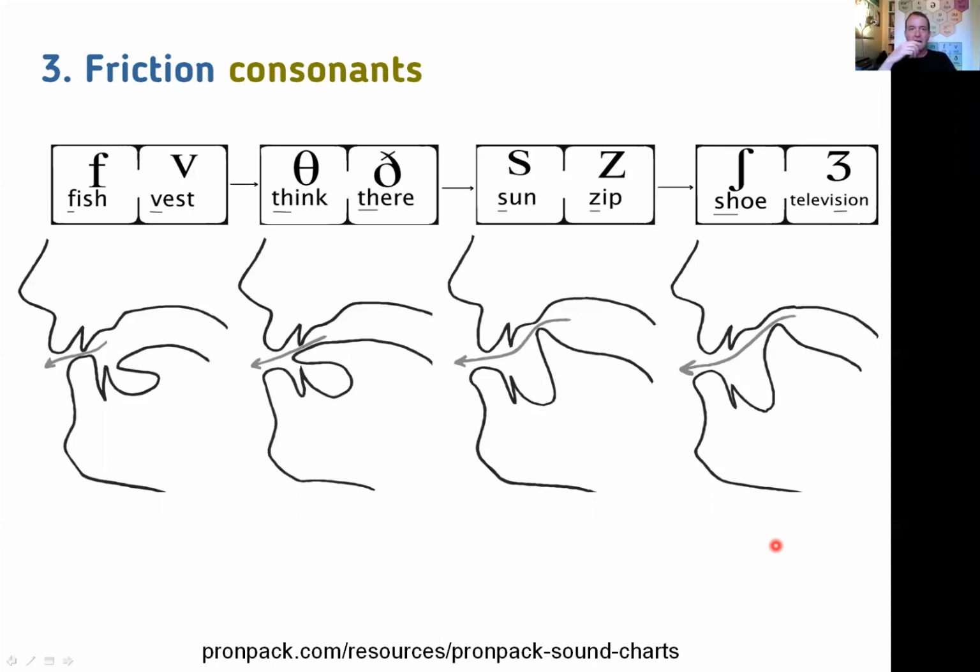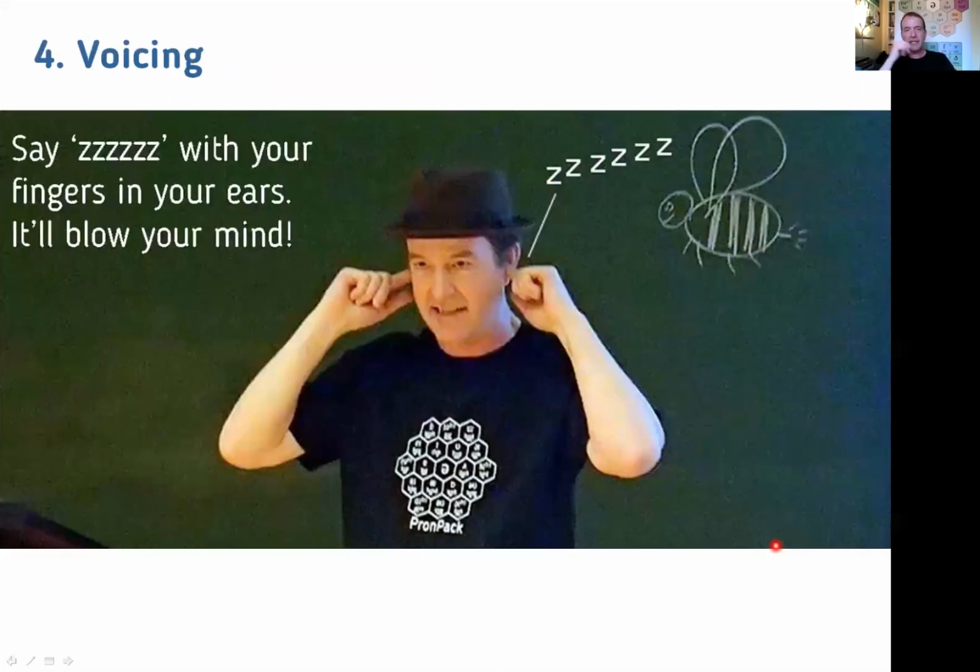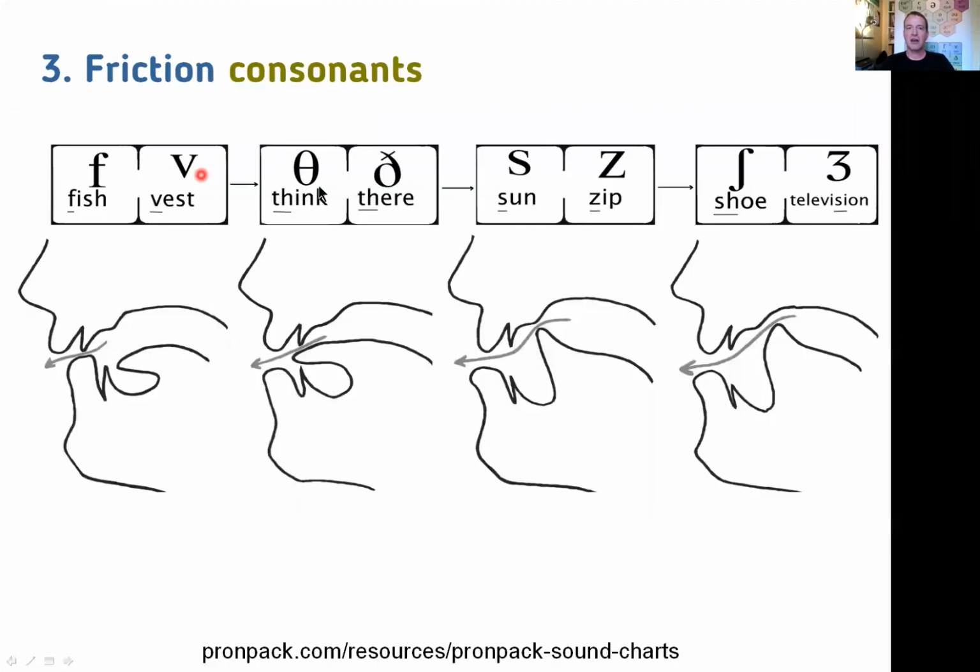Voicing is key concept number 4, and here's a photograph of me at TESOL Spain. This experiment is putting your fingers in your ears to tell the difference between, for example, s and z. I should explain that these pairs are unvoiced, voiced, unvoiced, voiced, unvoiced, voiced.